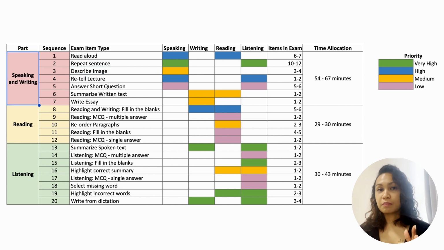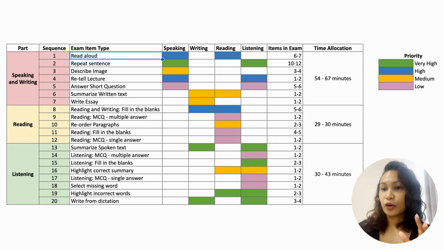So when you're taking the exam, this is actually the same order of the exam types. So speaking and writing goes first, and then in this sequence, this is actually the order of each of the types of exam. So each of these exam types actually contributes to different parts.